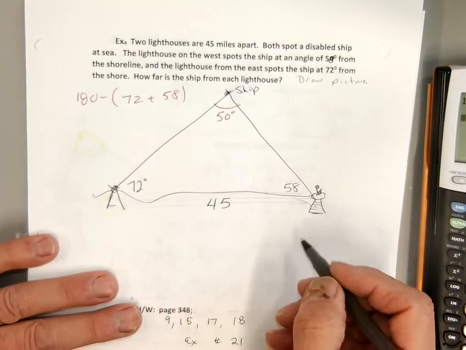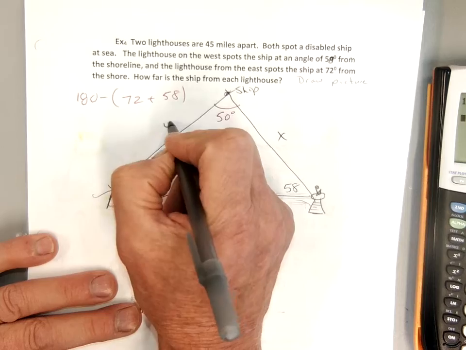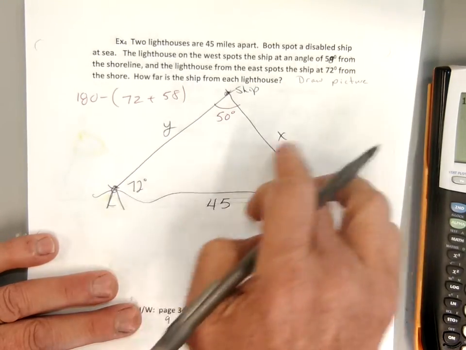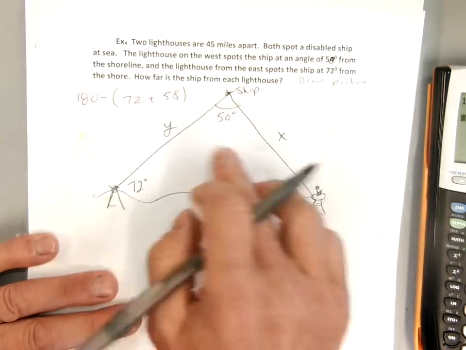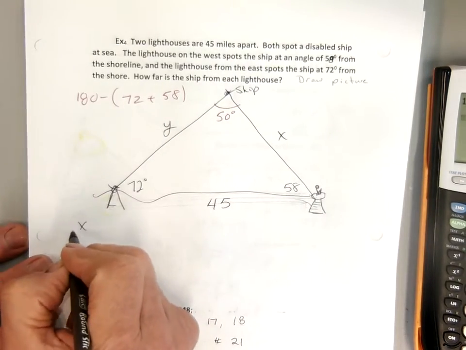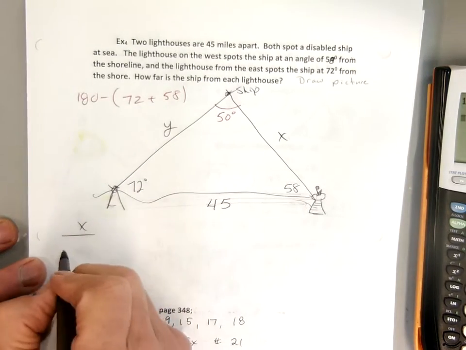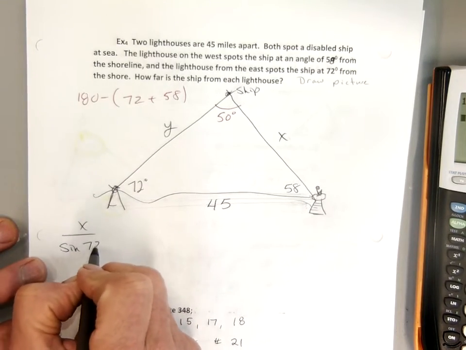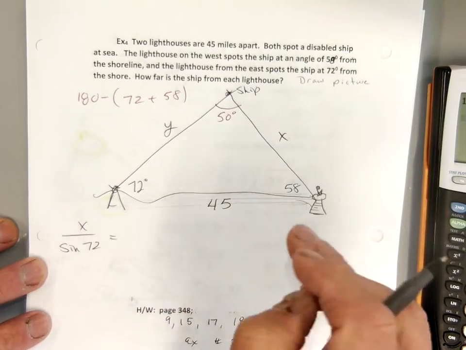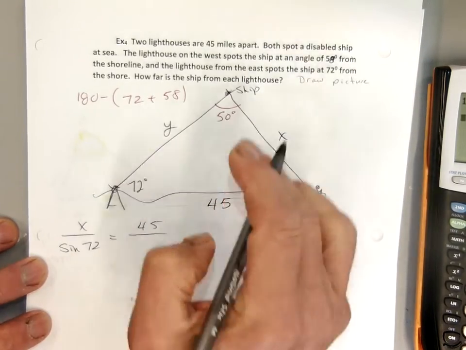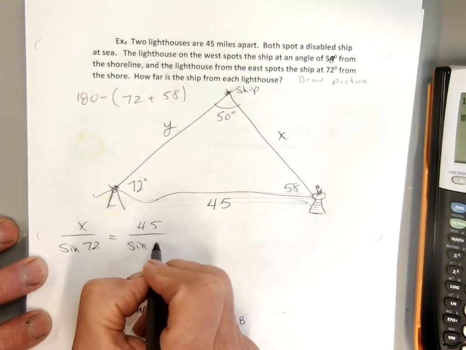Let's call this X, and we'll call this Y. Distance X, distance Y. So let's find X. Opposites. I'm going to set up X over the sine of its opposite angle equals side 45 over the sine of its opposite angle.